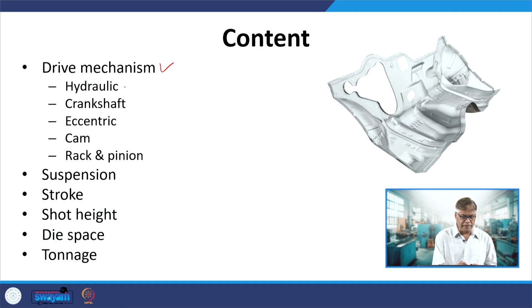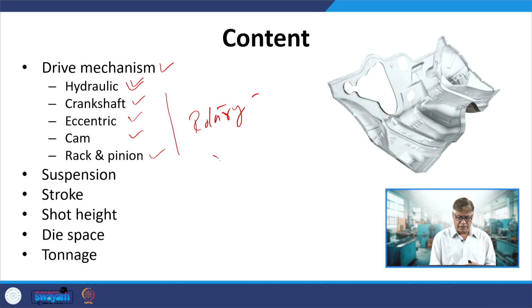Say in the hydraulic type, it is relatively easier because it uses a double action cylinder for realizing the up and down movement of the ram, while others are mechanical systems like crankshaft, eccentric, cam, rack and pinion. In these cases, the rotary movement is converted into reciprocating movement using these mechanisms.